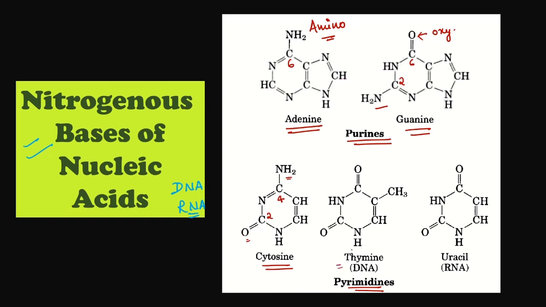In case of thymine, there is an oxy group on the 2nd and 4th carbon, and there is a methyl group on the 5th carbon. Okay, this methyl group. If this methyl group is removed, thymine will convert into uracil. So uracil has only 2 oxy groups on the 2nd and 4th carbon. So these are the 5 nitrogenous bases.